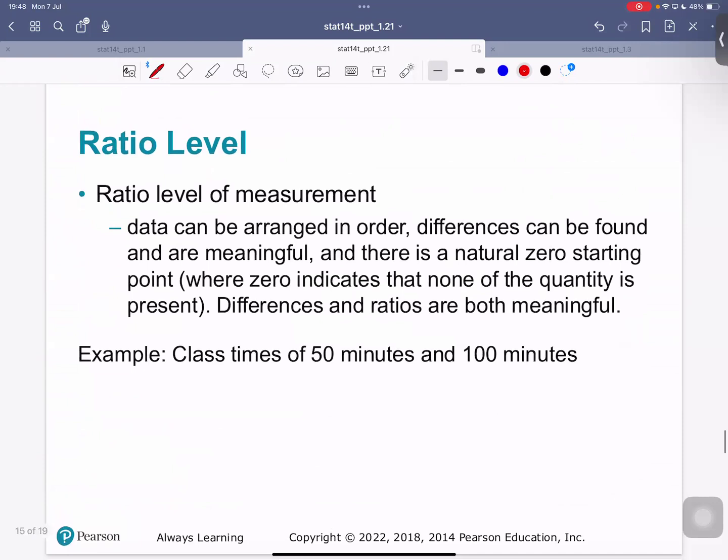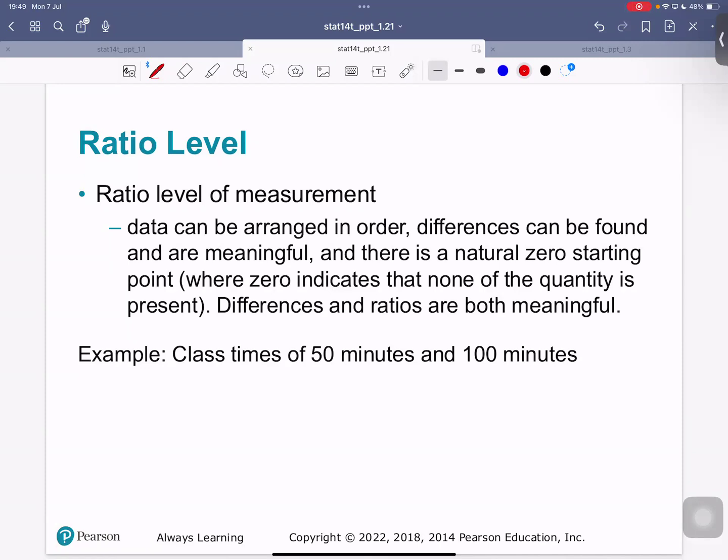Ratio level, the name shows everything. In the ratio level of measurement, data can be arranged in order, differences can be found, of course, and are meaningful. And there is a natural zero starting point where zero indicates that none of the quantity is present. Differences and ratios are both meaningful. For example, class times of 50 minutes and 100 minutes.